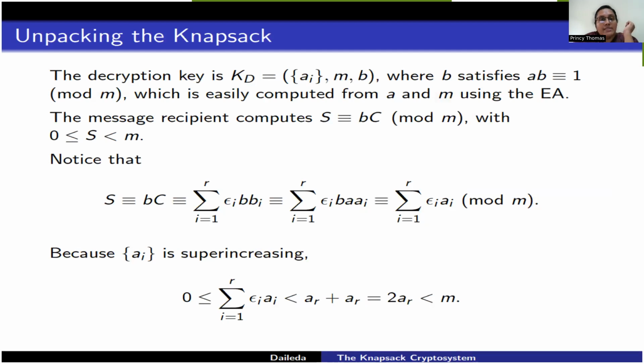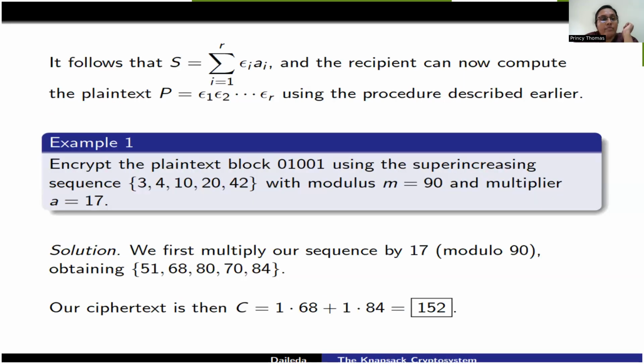We will be looking at an example here. Suppose the block to be encrypted, the plain text, is 01001, and the super increasing sequence is given as 3, 4, 10, 20, 42.